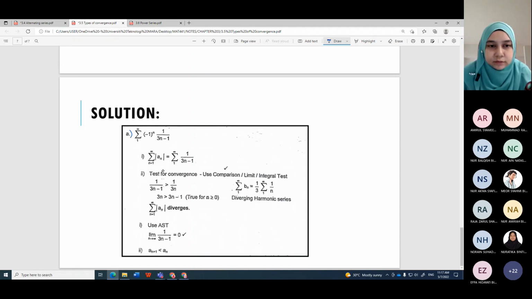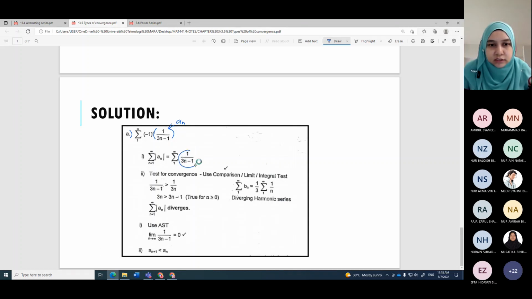Kita lengkapkan lah ni. Okay, so first step, awak perlu prove the series of modulus A sub n. So ni A sub n, so this is 1/3n minus 1. Okay, so first, kita test for convergence 1/3n minus 1.